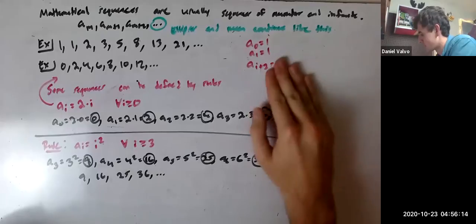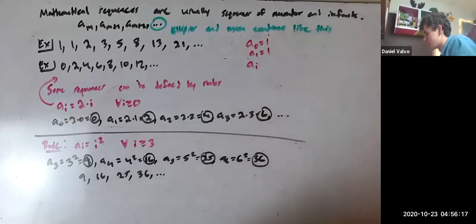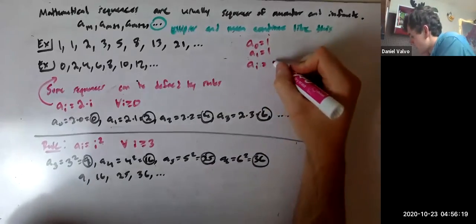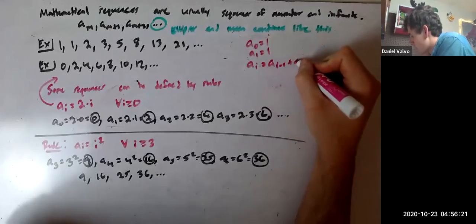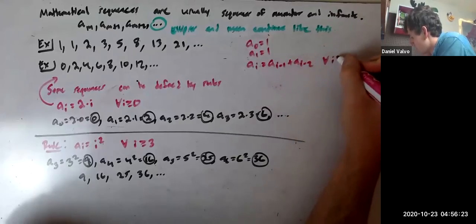Or maybe it would make more sense to say A_I equals A_(I minus 1) plus A_(I minus 2) for all I greater than or equal to 2.